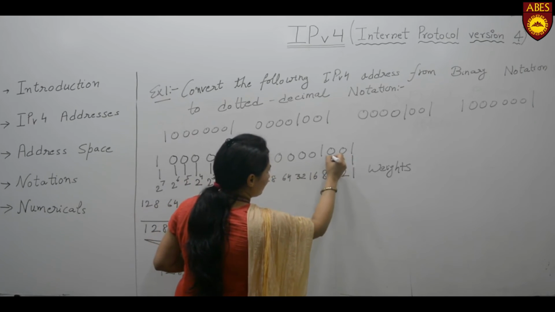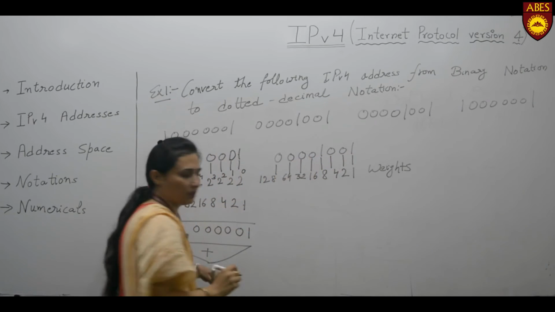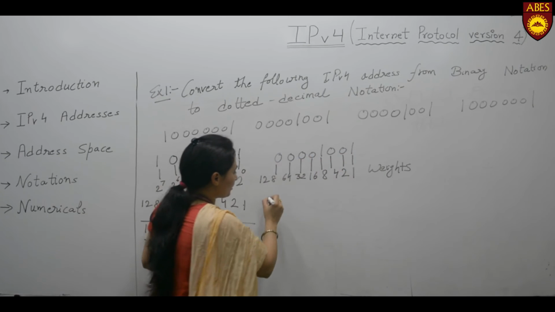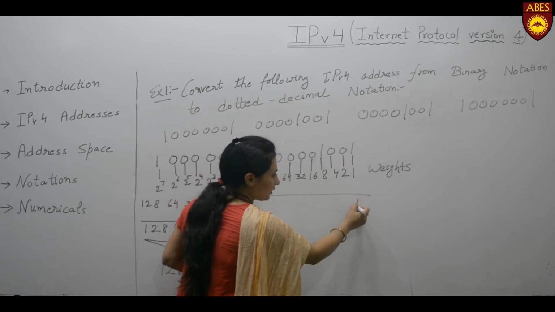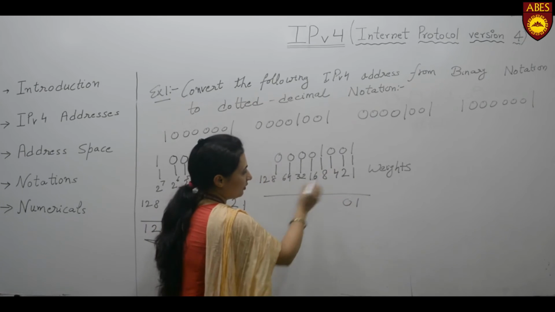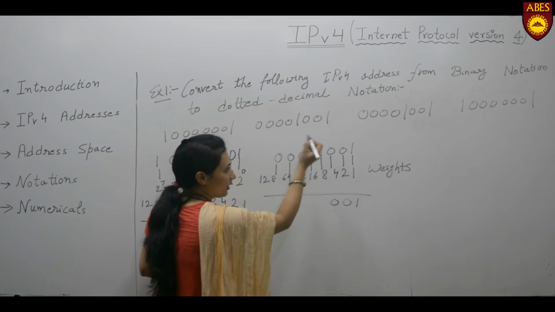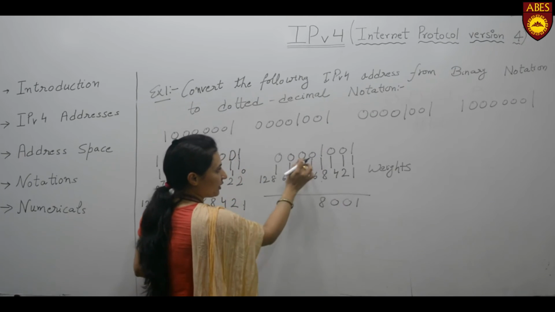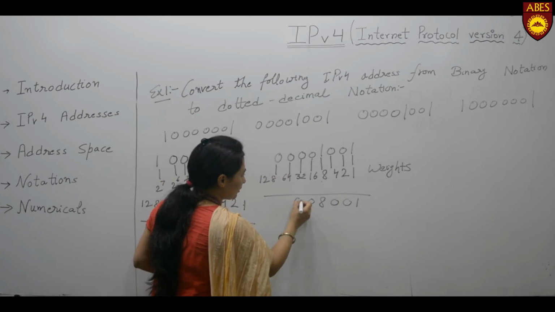These are the weights for the respective positions of the given number. And these have to be multiplied with the original number. Then we will get 1 multiplied by 1 is 1. Then 2 multiplied with 0 will be 0. 4 multiplied with 0 will be 0. 8 multiplied with 1 will be 8. And for the remaining we can see that the numbers are 0. Then we will get all zeros here.